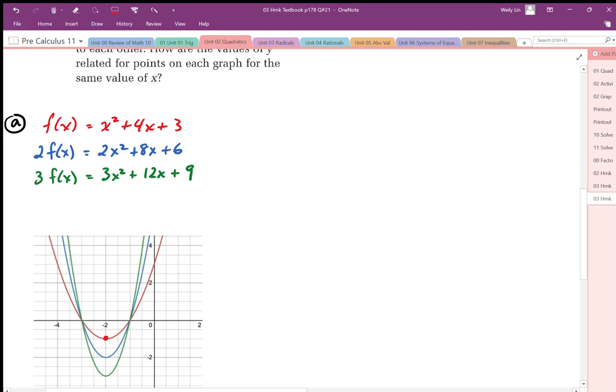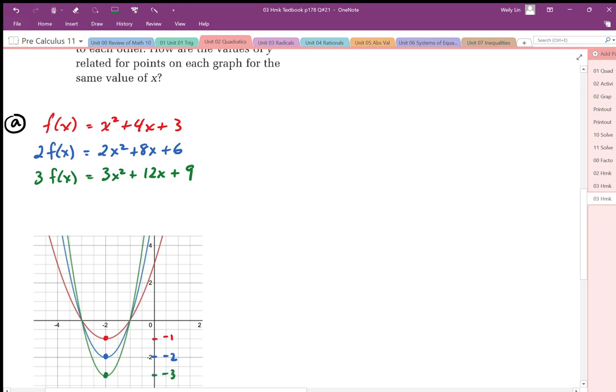If I multiply that function by 2, the blue function at that same x coordinate now has a value of negative 2. So this was at negative 1, and the blue one now is at negative 2. And then if I multiply by 3, that same y coordinate becomes negative 3.